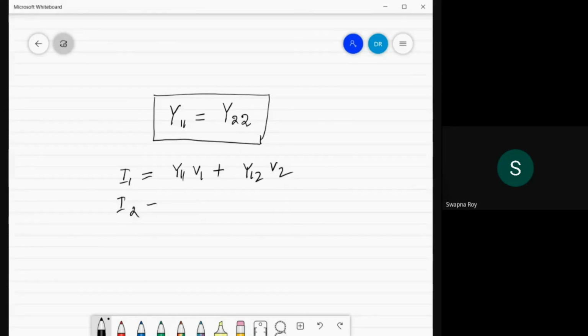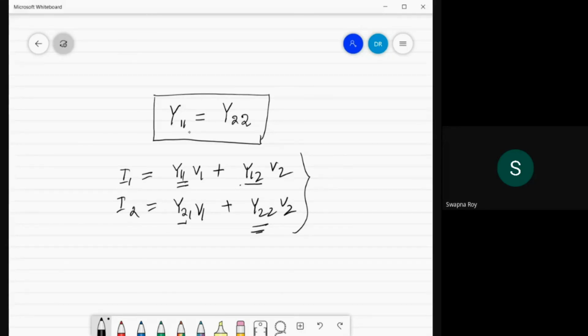I2 is equal to y21 v1 plus y22 v2, right? So when the network is reciprocal, when y12 is equal to y21, and when the network is symmetrical, when y11 must be equal to y22.